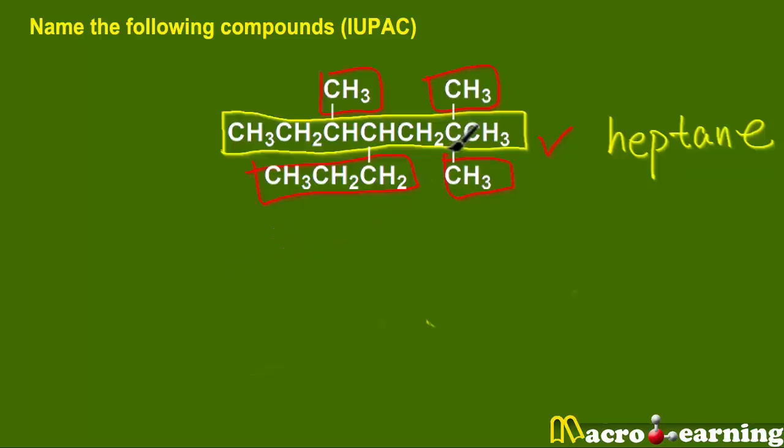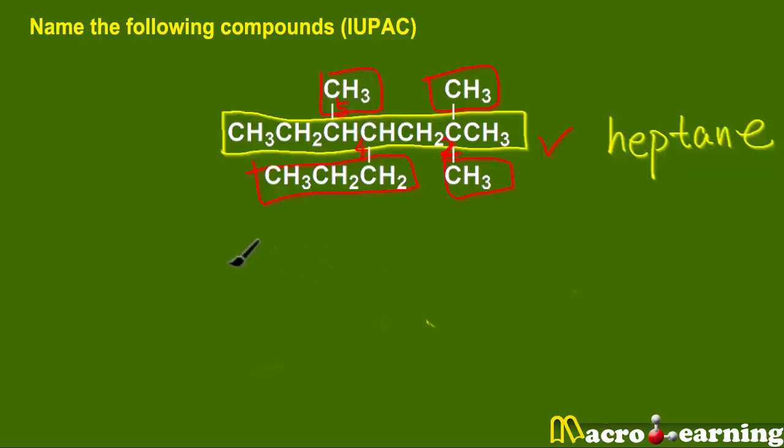So the carbon number is going to be 2 for these 2 methyls, 4 for this propyl, and 5 for this methyl.